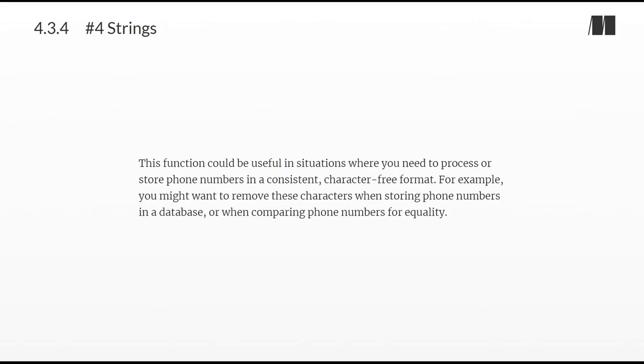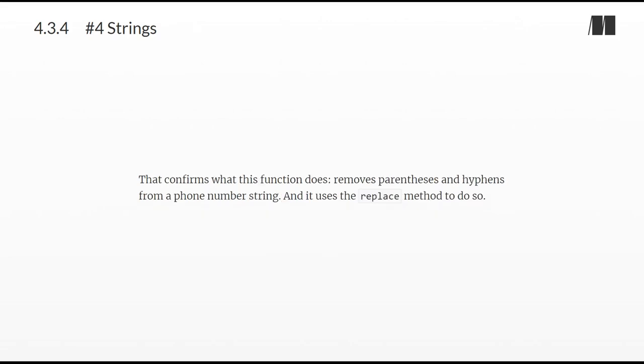This function could be useful in situations where you need to process or store phone numbers in a consistent character-free format. For example, you might want to remove these characters when storing phone numbers in a database or when comparing phone numbers for equality. That confirms what this function does: removes parentheses and hyphens from a phone number string, and it uses the replace method to do so.